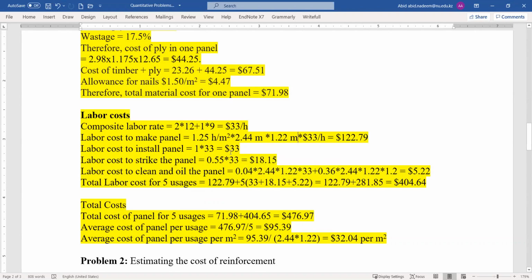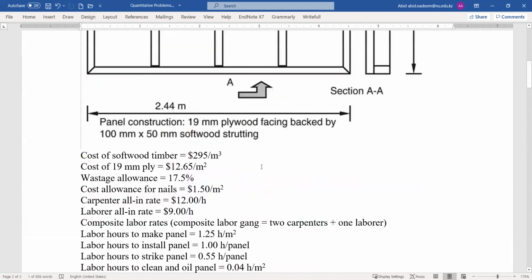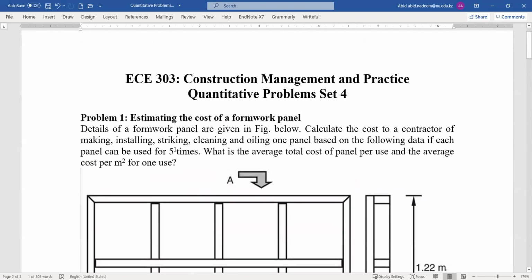But these costs, for example installing 33, striking 18.75, and cleaning and oiling 5.22, these three costs will happen each time the panel is used. So suppose the problem asks for the cost of 5 times use of this panel.